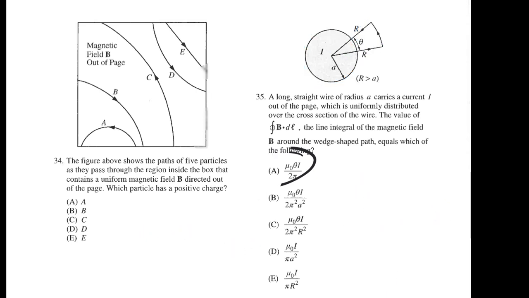So, cleaning it up and doing it nicer, I'm going to just call this the area of the sector. I want to take the area of the sector divided by the area of the whole wire and multiply by I. This will give me I enclosed inside the sector.